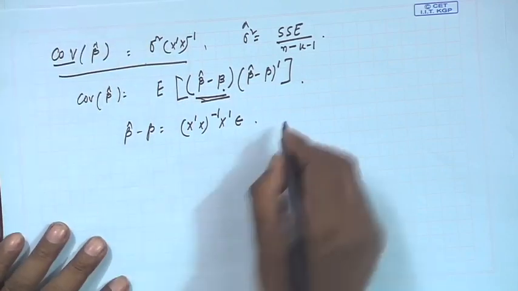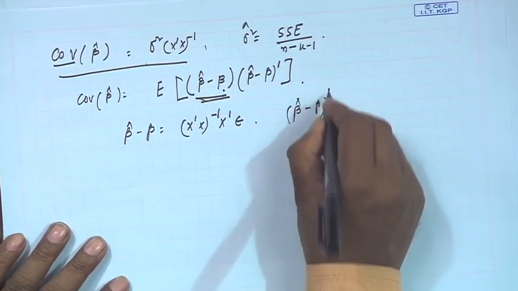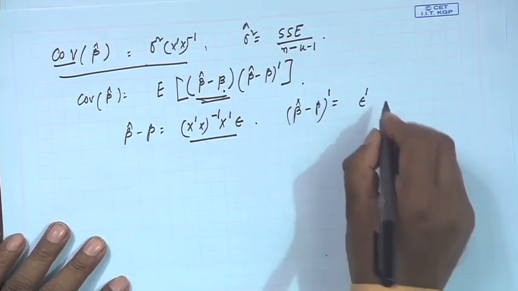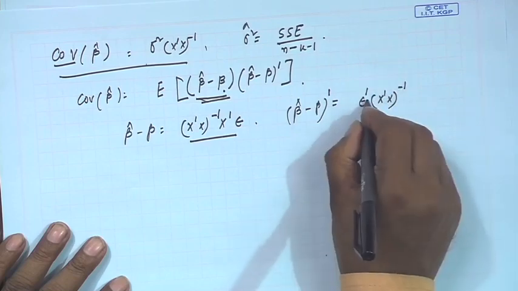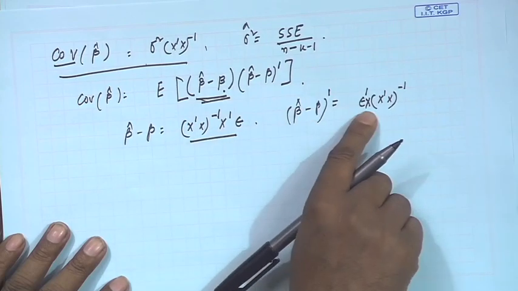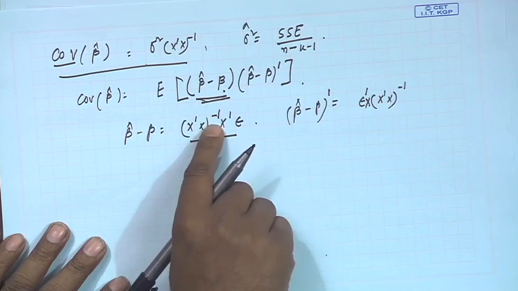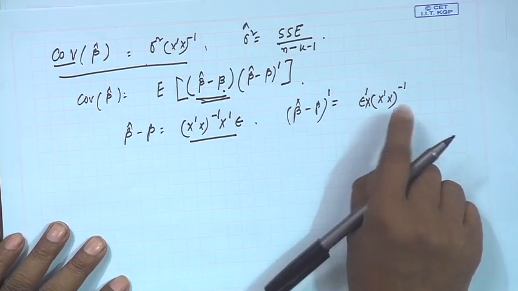Now beta cap minus beta transpose will be the transpose of this, and this quantity will be epsilon transpose x x transpose x inverse, because it is a symmetric matrix.